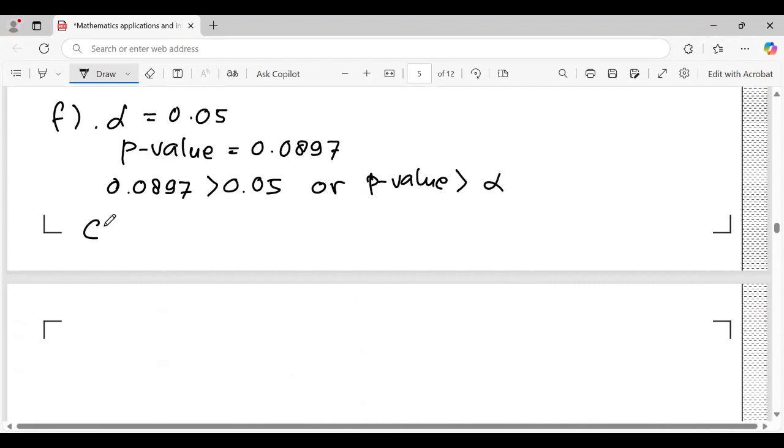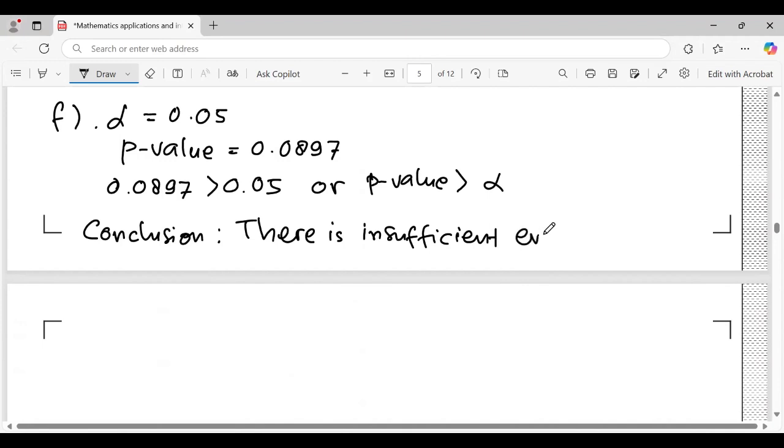So the conclusion we can state is that there is insufficient evidence to reject the null hypothesis. That is the conclusion.